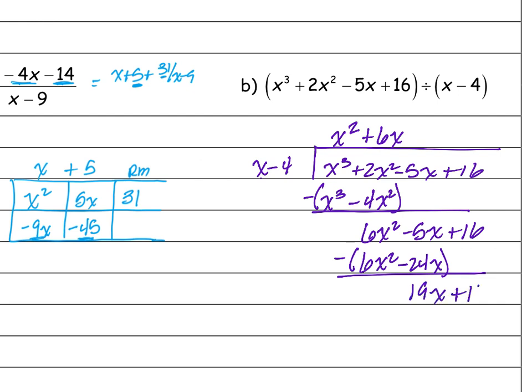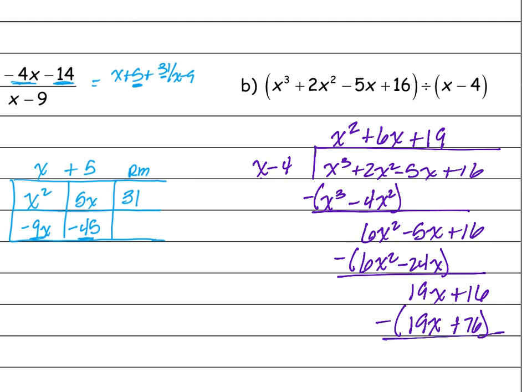And that gives me 19x plus 16. So that would be 19. 19 times x is 19x, and 19 times 4, 76.